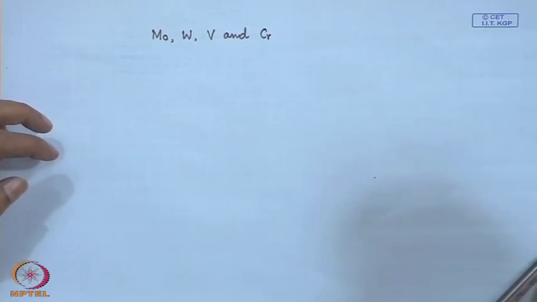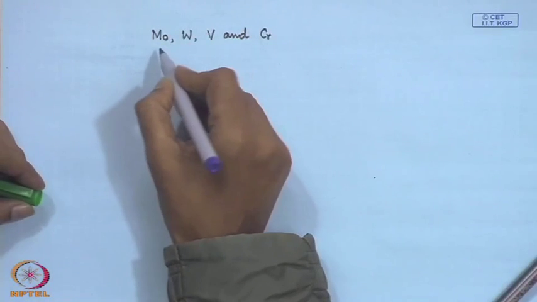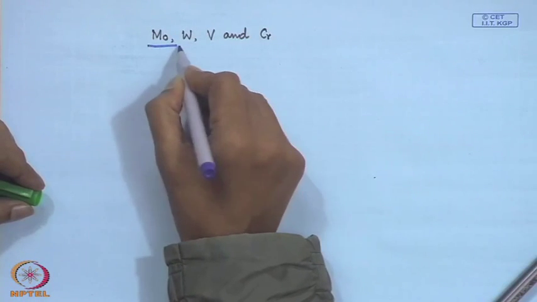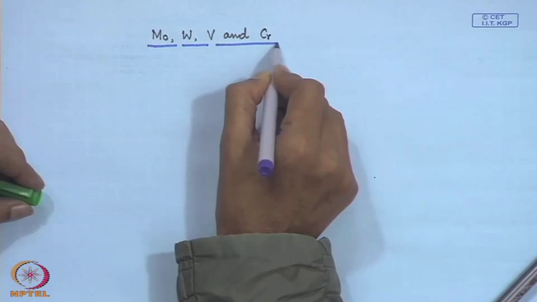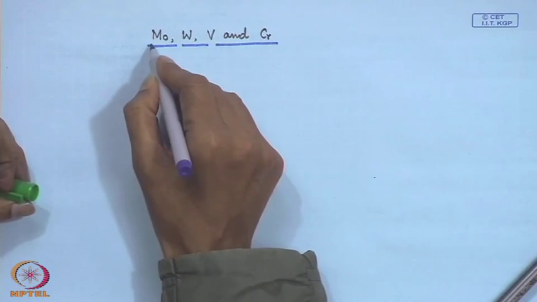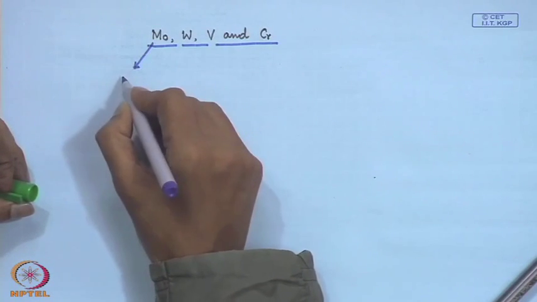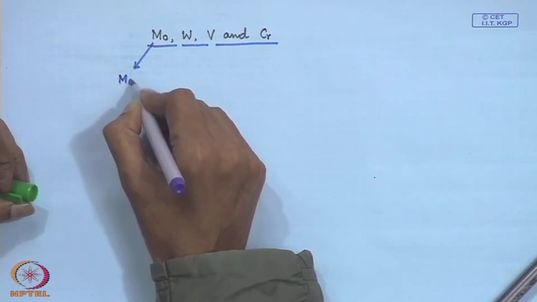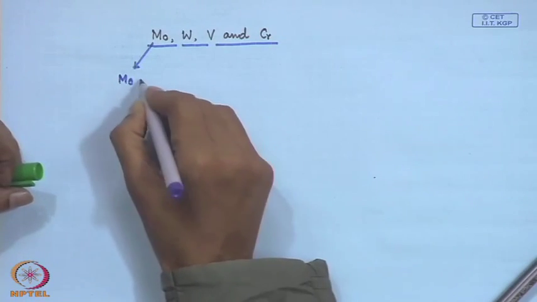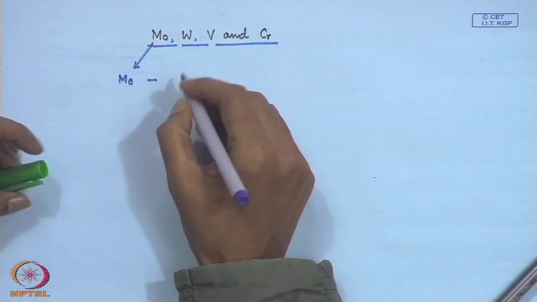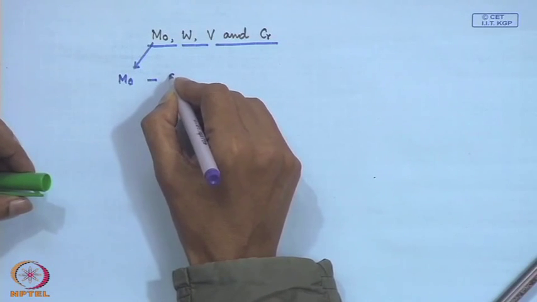These are different compared to what we have discussed so far, and today we will just focus our attention on this particular one, that means molybdenum, which we all know is the only second row transition metal.